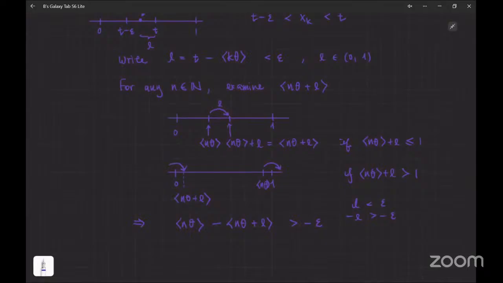In the second case, n theta plus L is either less than or equal to 1, or it's just positive. So there are two cases here. In the first case, this is equal to minus L, which is greater than minus epsilon.